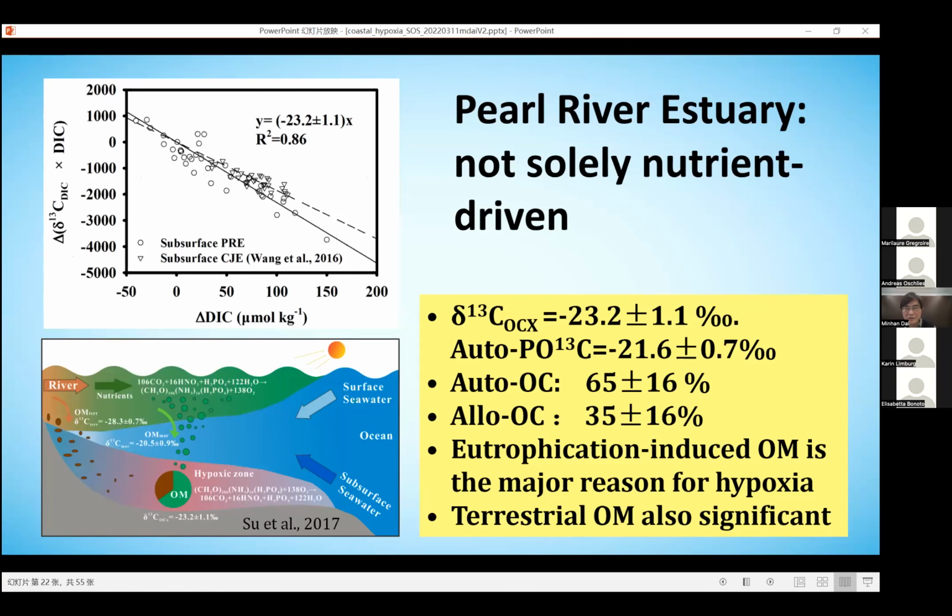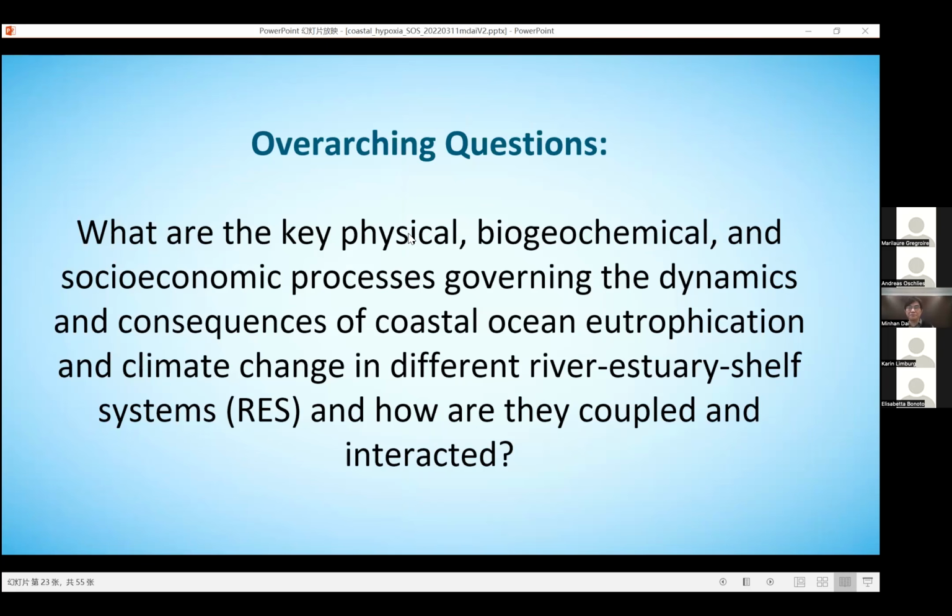We did a similar estimation and came up with nutrient driven at about 68% or 70%. And then other terrestrial organic matter also contributes to hypoxia formation. So you see variability between systems, between this forcing and the response.